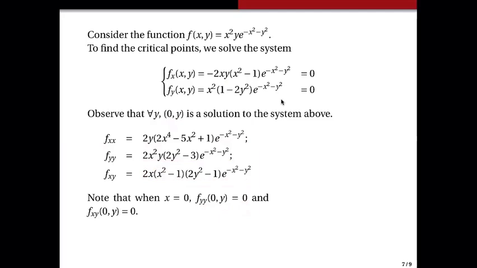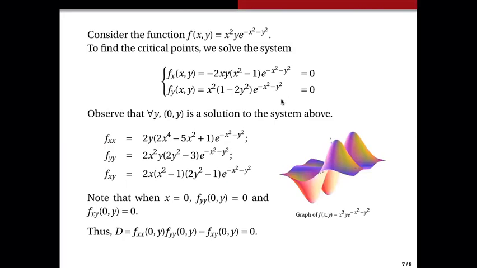And therefore, if you use the formula for the capital D, you will end up with 0. And like I said, if your D is equal to 0, we cannot conclude anything. So it could be a maximum, a minimum, a saddle point, or an ordinary point.